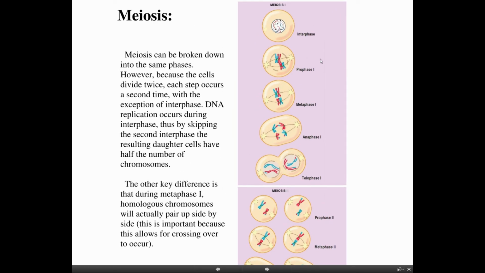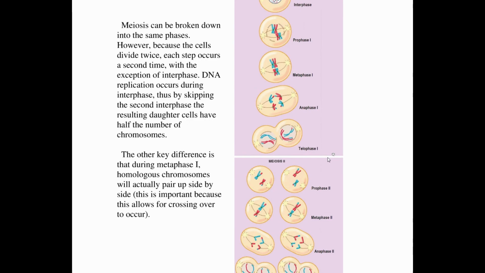We start off with interphase, that in-between phase where the DNA is copied, prophase where the chromosomes condense, metaphase where they line up, except this time in pairs, in those homologous pairs, anaphase where the chromosomes are pulled apart, telophase where the nuclei start to reform, and then cytokinesis where the cells actually separate.